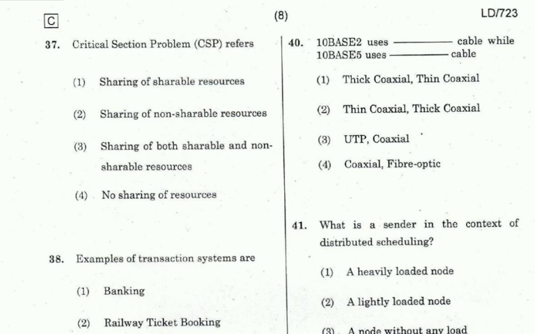So option 2, thin and thick coaxial cables, is correct. With 10Base2, here 2 stands for 200 meters approximately, that is 185 meters it is supporting, whereas 10Base5 means 500 meters. Thick coaxial cable supports 500 meters.